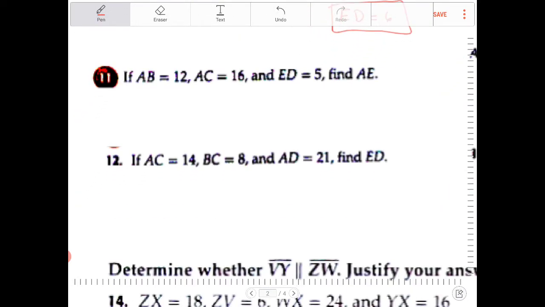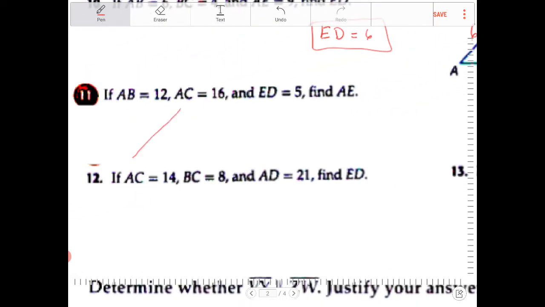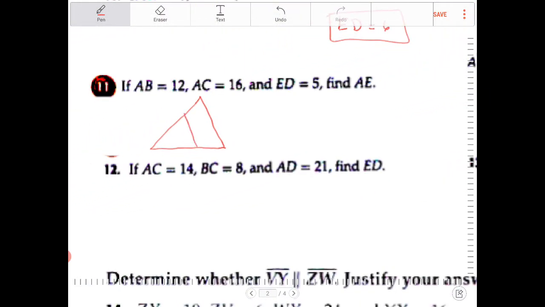If AB is equal to 12, oh, it's the same diagram. I'm just going to quickly redraw it. A, B, C, D, E. So if AB is equal to 12, AC is equal to 16, so therefore BC must equal 4.